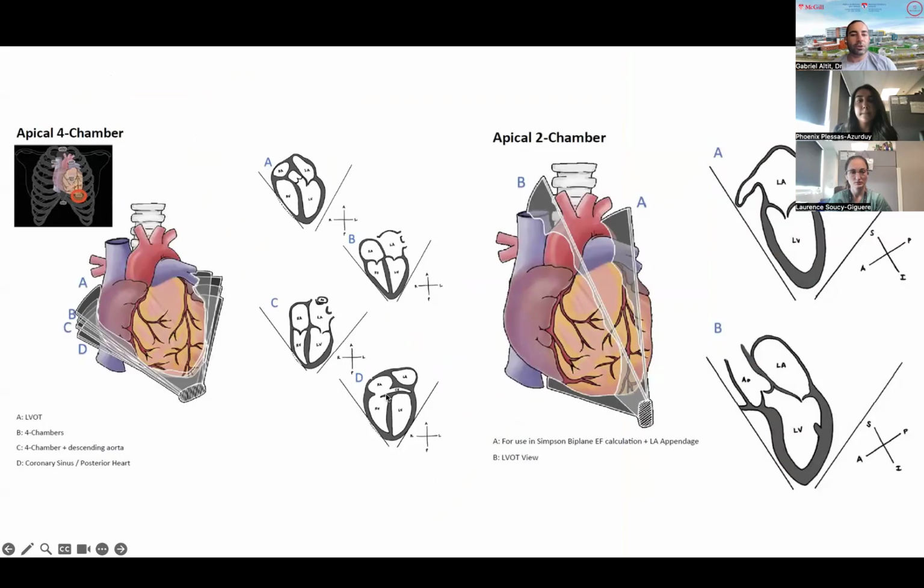If you go very posteriorly, you're going to see your coronary sinus that's going to drain into your right atrium. The coronary sinus is actually an important structure because it drains the entire coronary vessels.